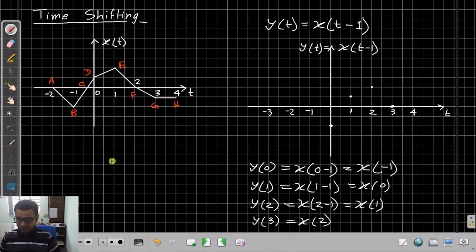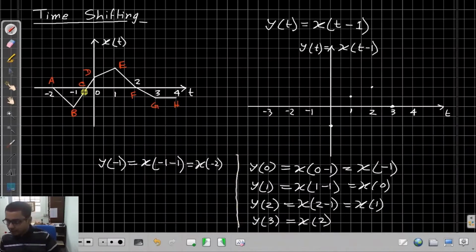So let us write here y of minus 1, that will be the same as x of minus 2, and x of minus 2 is 0, so we put a 0 here, and let us now join all these points.